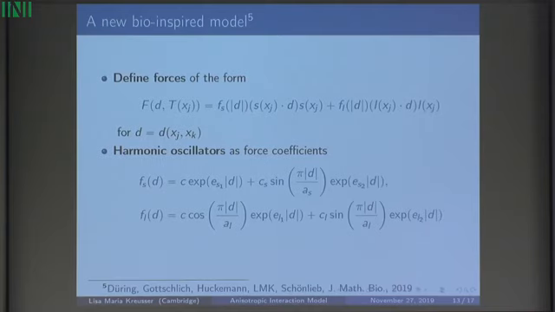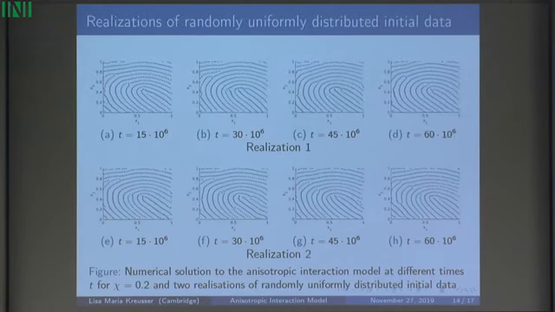So as a force coefficient, first of all, we need to consider this interplay between short-range repulsive, long-range attractive forces, which can be very well described by cosine and sine functions. And secondly, we want to model decaying force coefficients, which can be described by exponentially decaying functions.